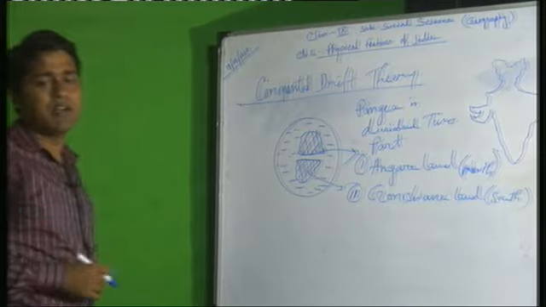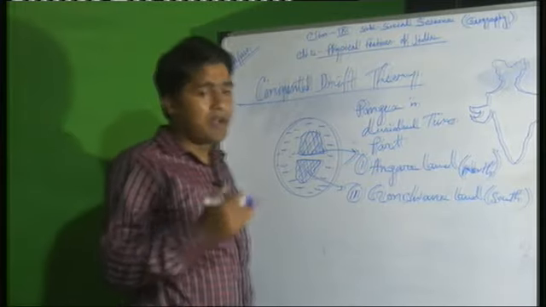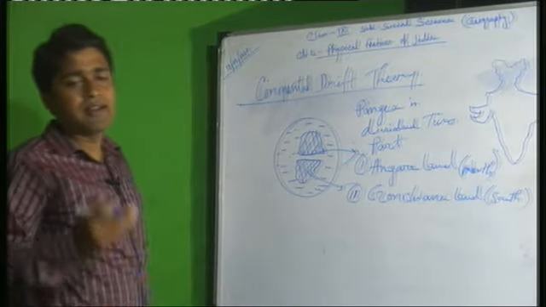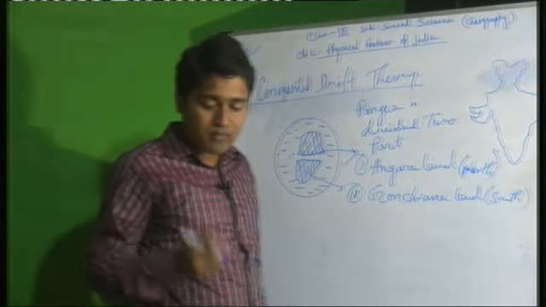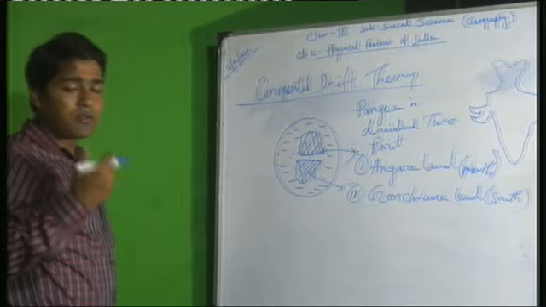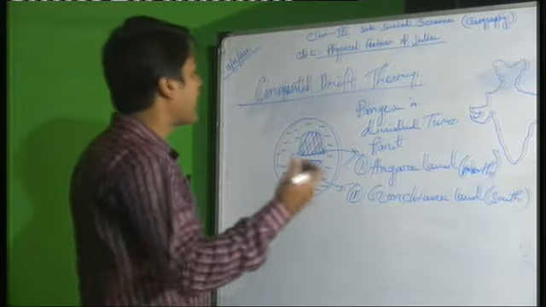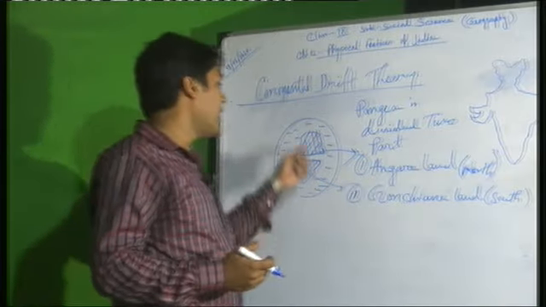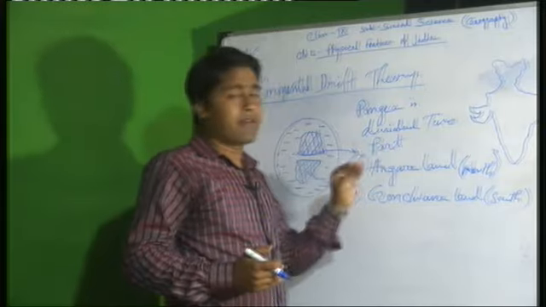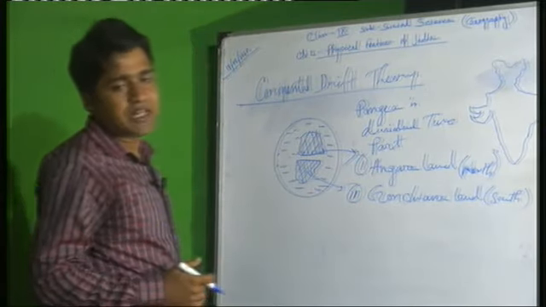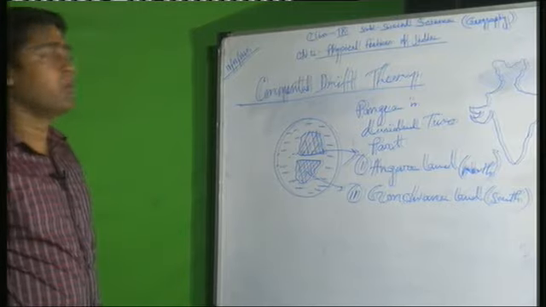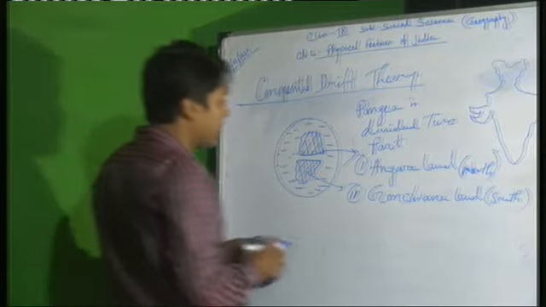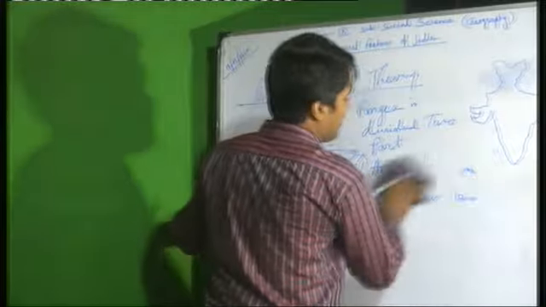The Gondwana land and Angara land are both subparts of Pangaea. Our country India is situated in Gondwana land with South America, South Africa and Antarctica.